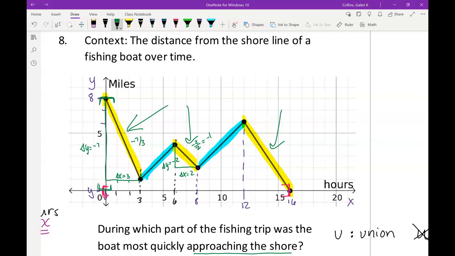And then lastly, for this last slope triangle, if I start at y equals 6, and I'm going all the way down to my x-axis, and then over 1, 2, 3, 4, I have -6, +4, and that slope is -6 over 4, which I could simplify to -3 over 2.